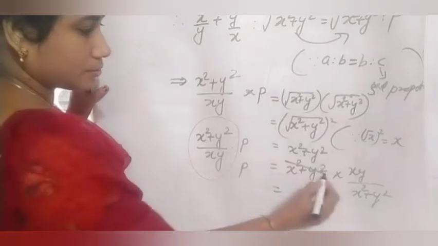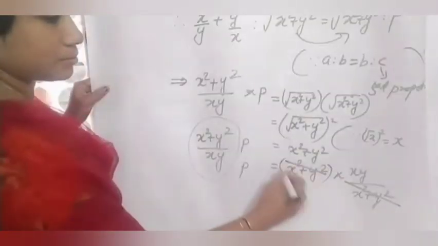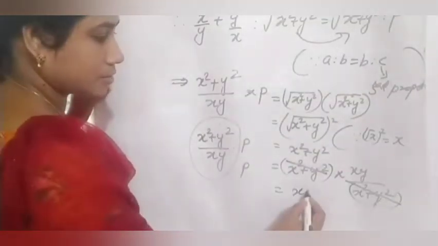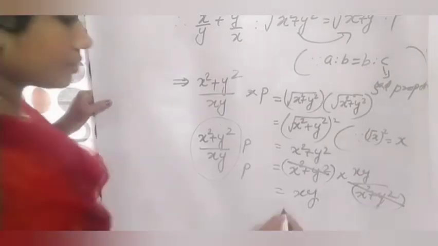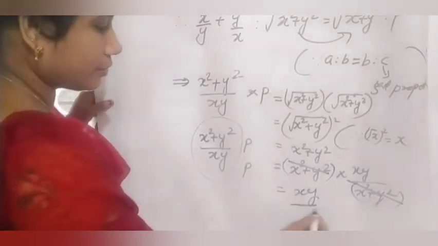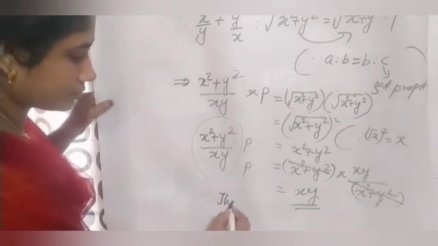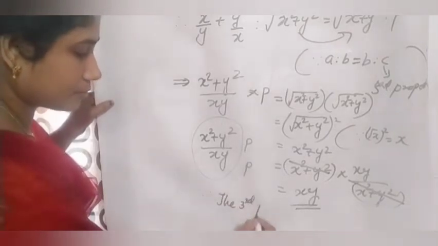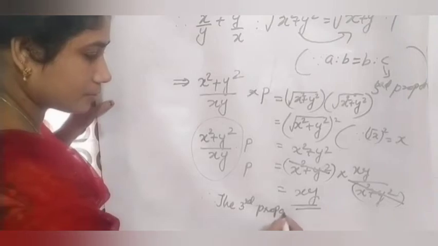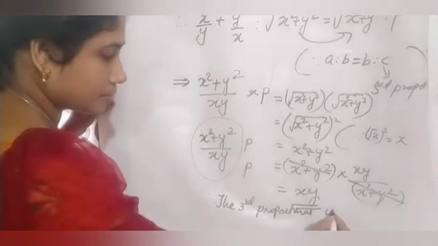We can cancel that. Now p is xy. So this is the solution. The third proportional to x by y plus y by x and square root of x square plus y square is xy.